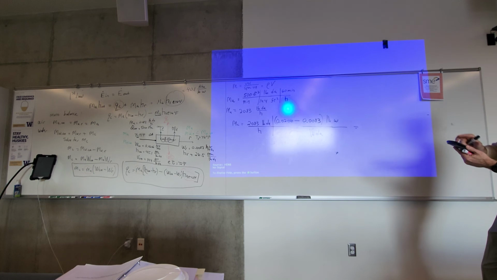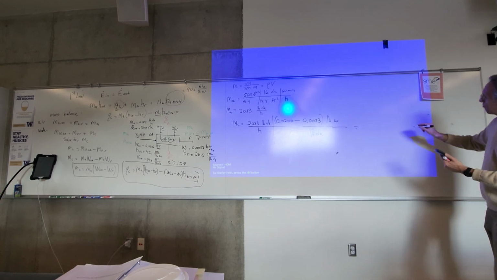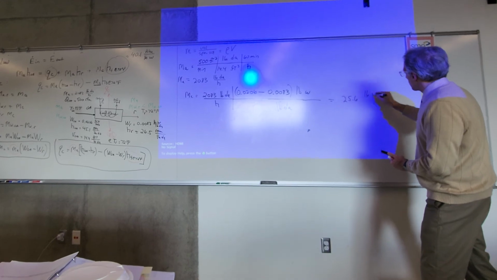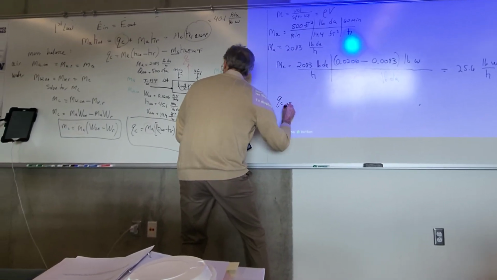Oh, that's for the calculated Q. So 25.6 pounds of water per hour.